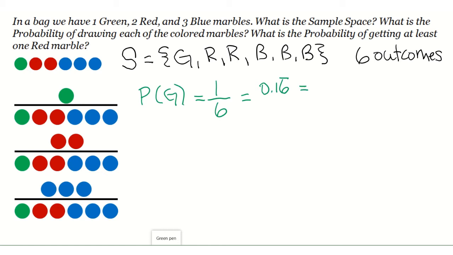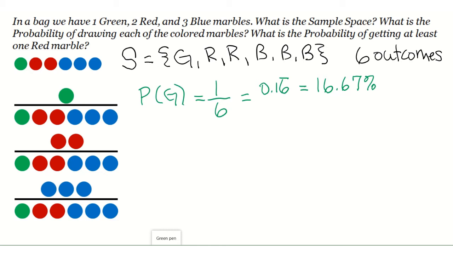When I convert that to a percentage by moving the decimal 2 digits, that's going to give me a 16.67%. That is my probability that when I draw a marble out of the bag, out of the 6 possible marbles that are in that bag, I have a 16.67% chance or probability of drawing a green one.